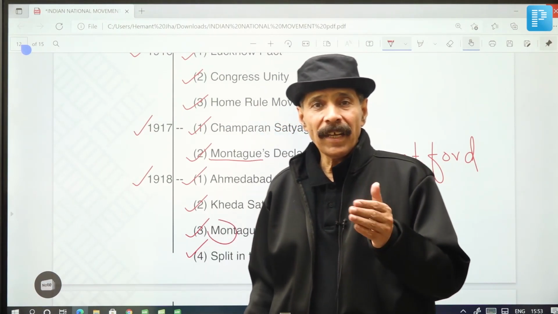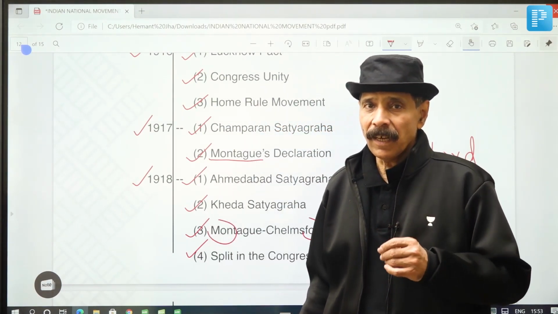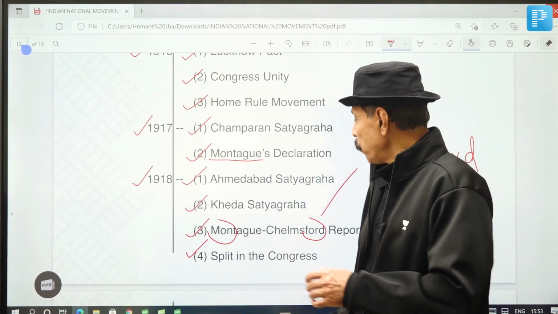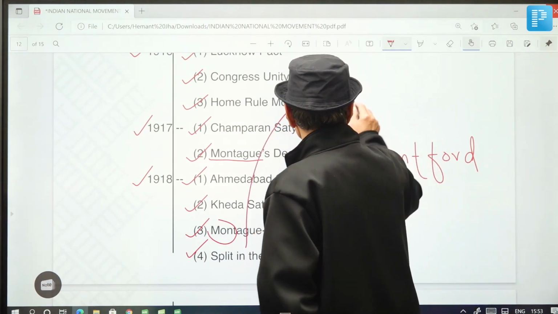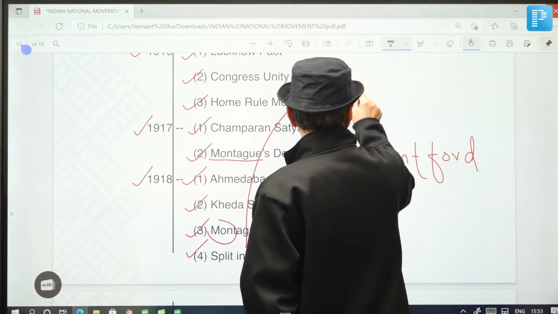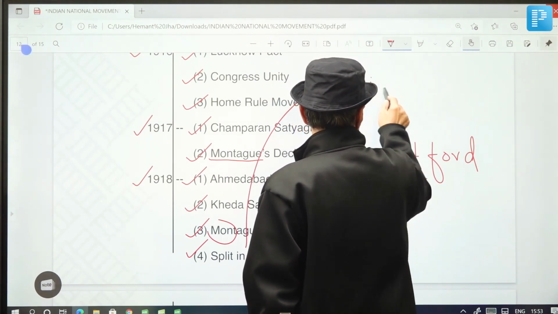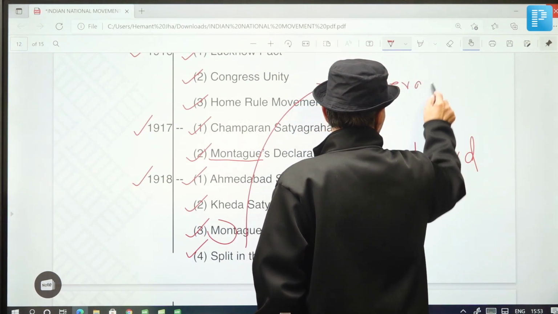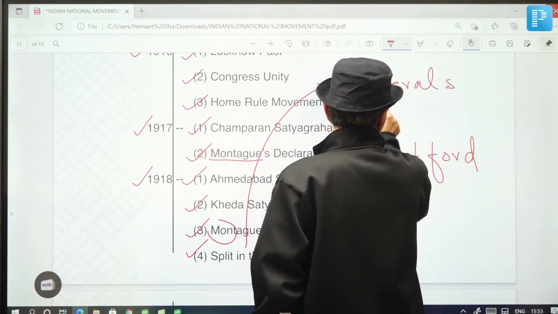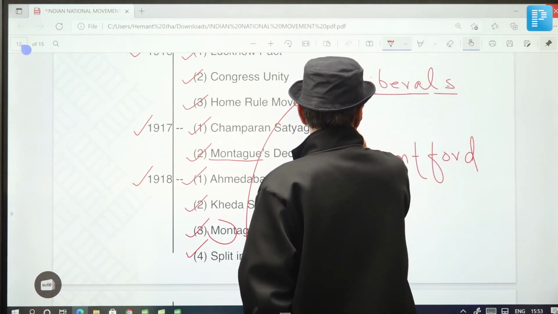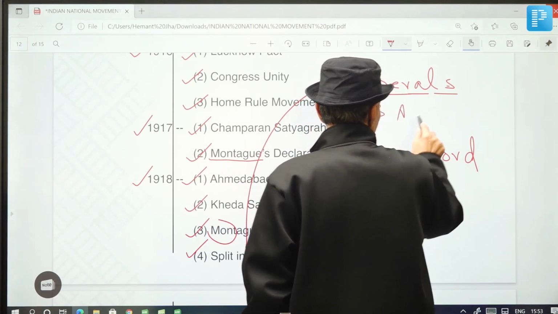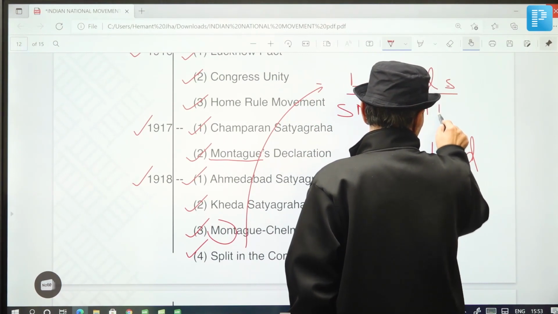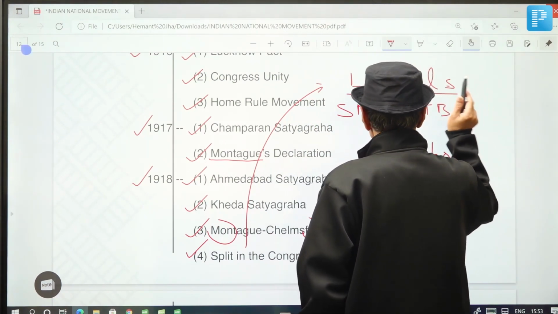So toward the end of 1918 and early 1919, we find a split in the Congress, and because of this split, there emerged a new organization of liberals, and two main leaders were S.N. Banerjee and Tej Bahadur Sapru.